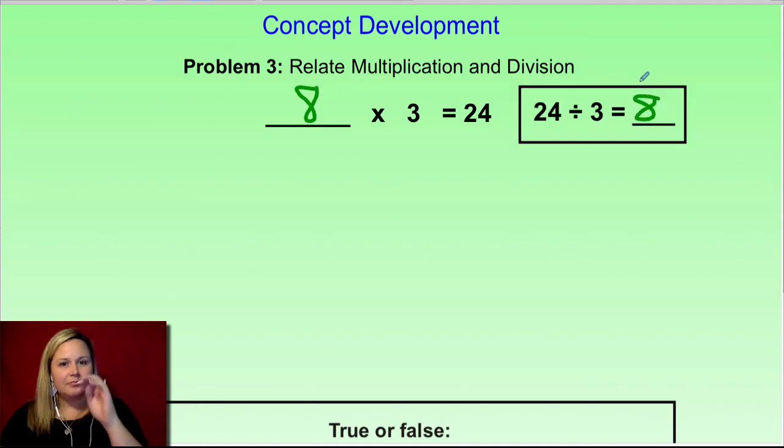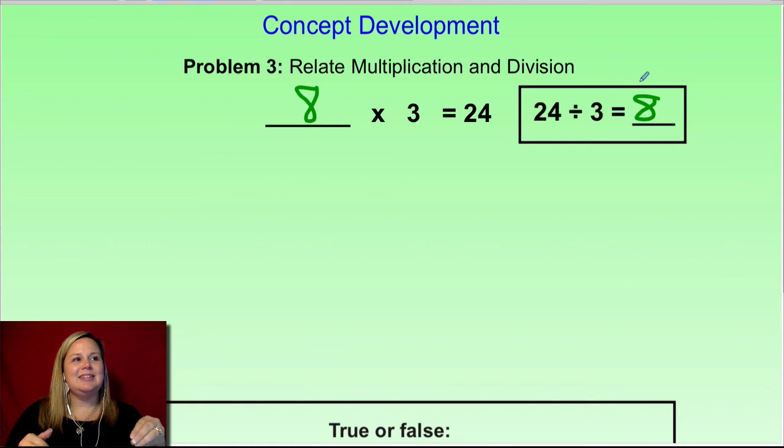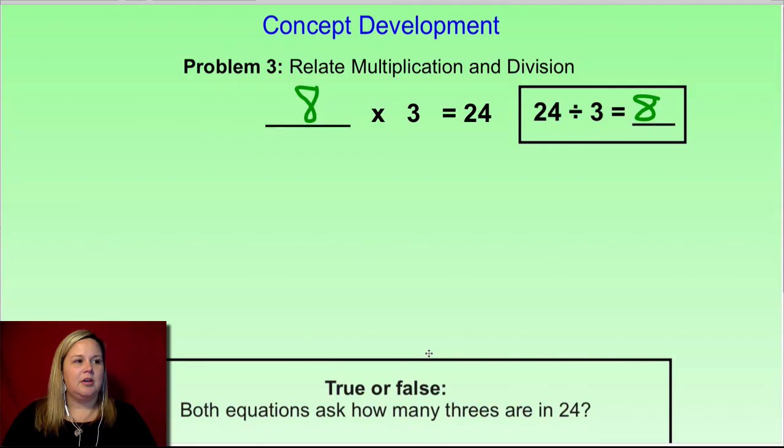Okay? So if we have 8 times 3 equals 24, and 24 divided by 3 equals blank, is it true or false, ready for this? This little guy hiding down here says that both equations ask how many 3s are in 24? Got to think about that for a minute.